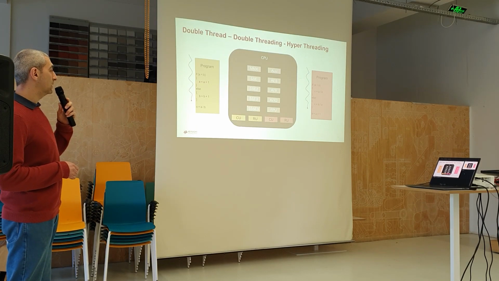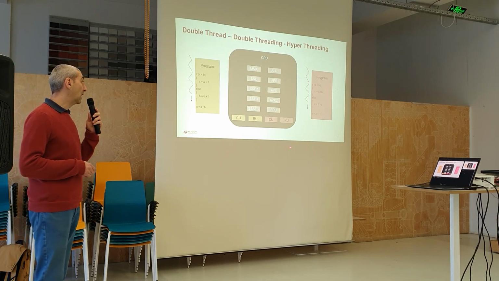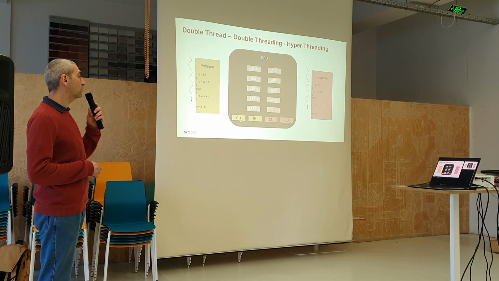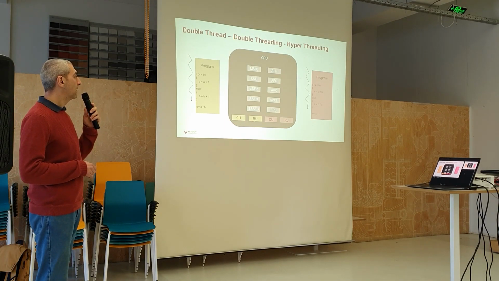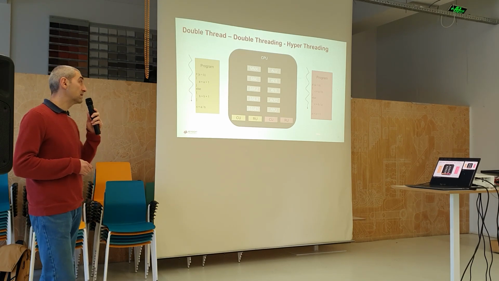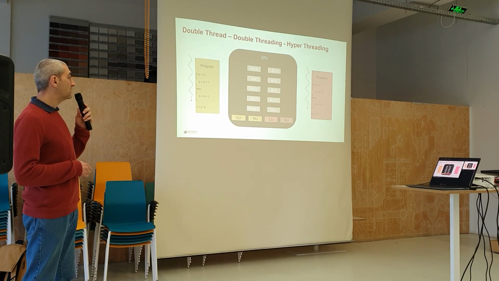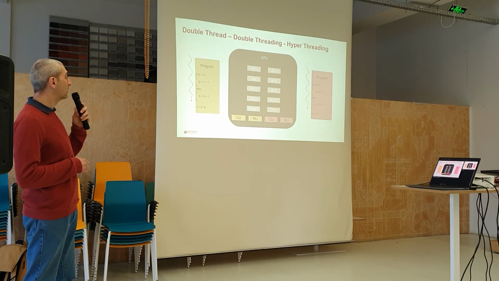So what the Intel engineers did, they simply duplicated the control unit and the register unit, and now we can run two programs, right? Because the simple fact that we have a control unit and a register unit is enough to run a program.